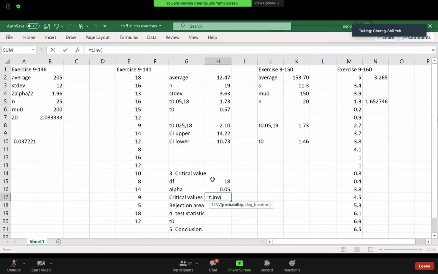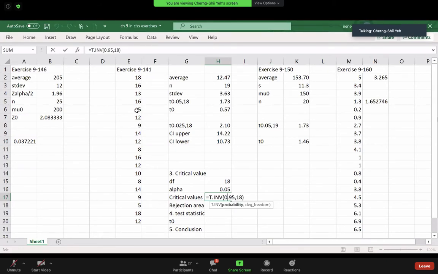Okay, so my probability is 0.95. Degrees of freedom is sample size minus 1, 18. That's my critical value. Again, I'm going to slow down. I use the T.INV function because I have the probability.